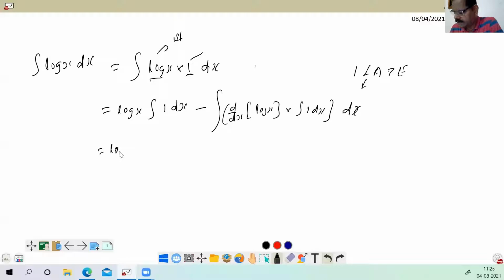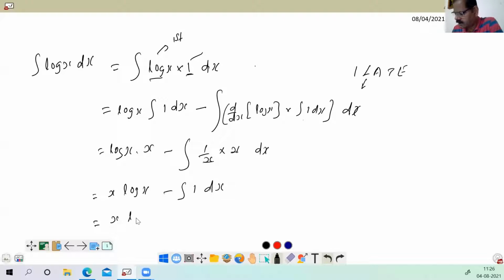So log x into integral 1 dx, integral of 1 is x, minus derivative of log x is 1 by x into integral 1 dx is x dx. So this x cancels with this x, so we get x log x minus integral 1 dx. Again integral 1 is x, so we have x log x minus x plus c.